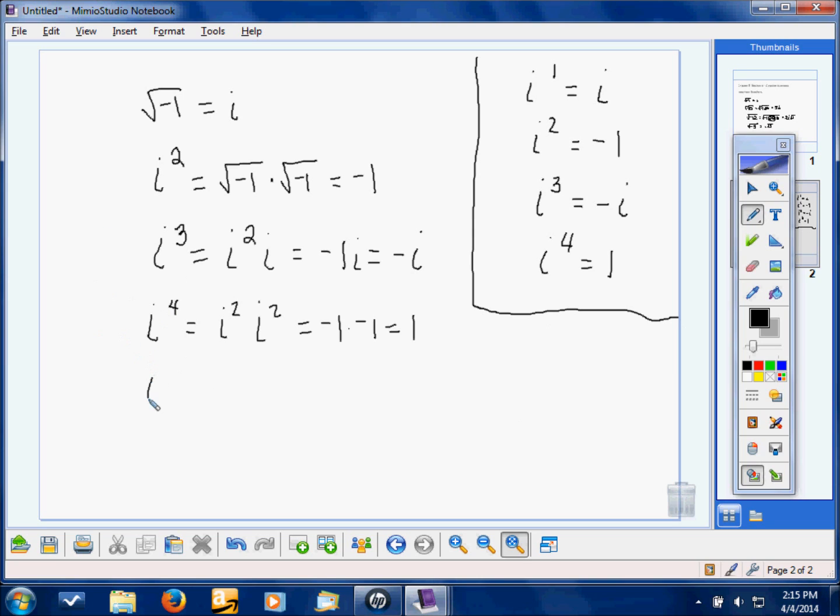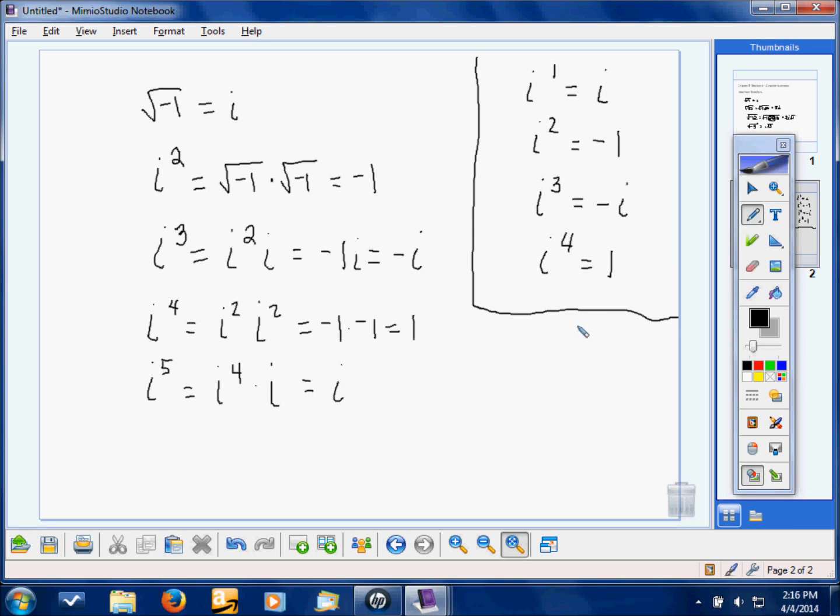Because here, if I have I to the 5th power, okay, that's really 4 i's and a leftover one, right? So I to the 4th times I, so that's 1 I. So it's really just I. So it begins to repeat.